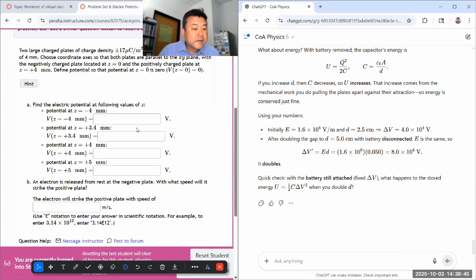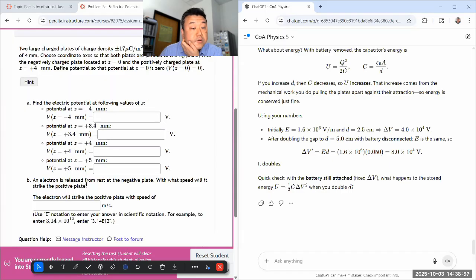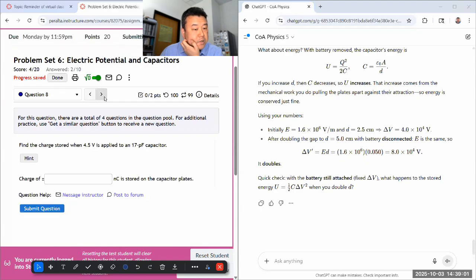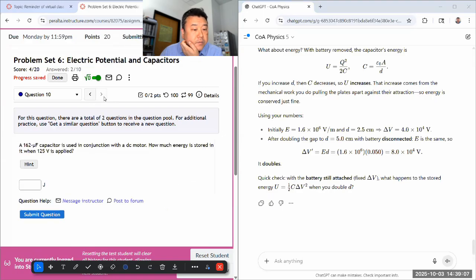So let me see. Two large charged plates of charge density face each other. I could ask this. Let me see if there's another one that's not so much rectangular geometry. Capacitor questions.